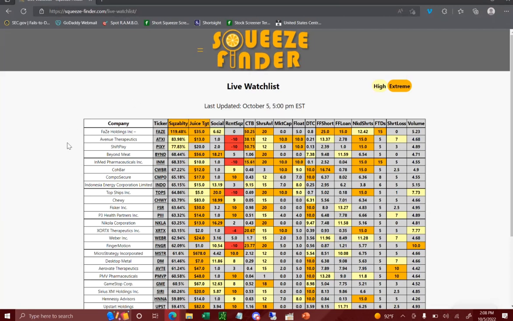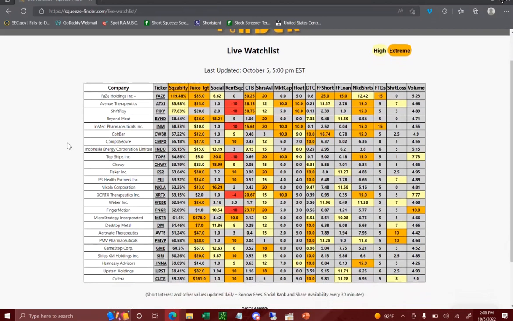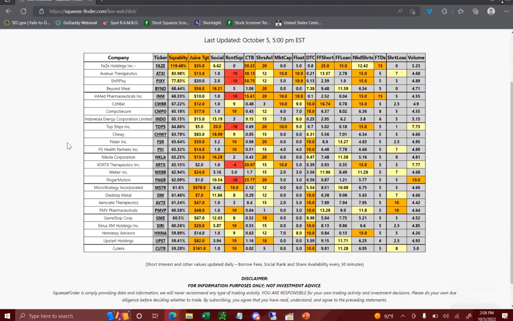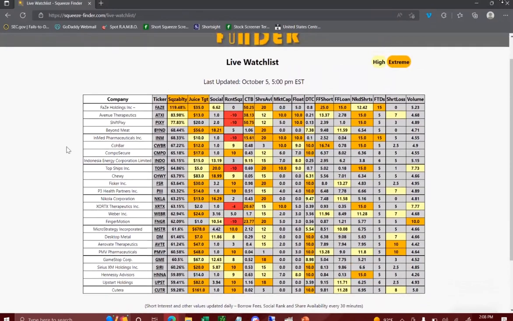There's the old daily email subscription, which is a once a day Excel spreadsheet that I send out in the morning. And then the newer, more advanced subscription is for this live watch list. This page on the site pulls from the database every 30 minutes, and essentially this is locked down for subscribers only. So you will not be able to see this on the website unless you've got a subscription.